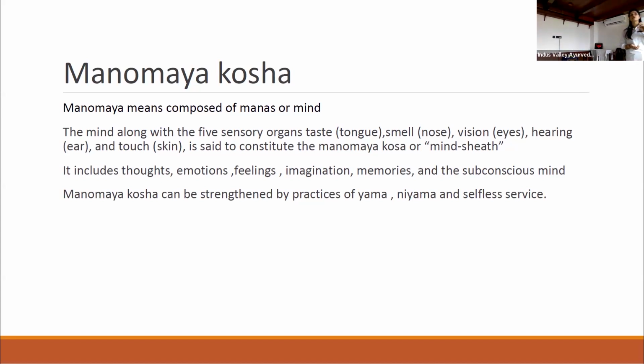Once you are able to control your sense organs, then you can control your thought process. Suppose there is one person who has a lot of weight issues, and the doctor suggests that if you want to balance your weight, first you have to control your tongue.